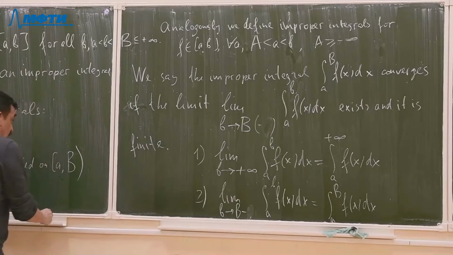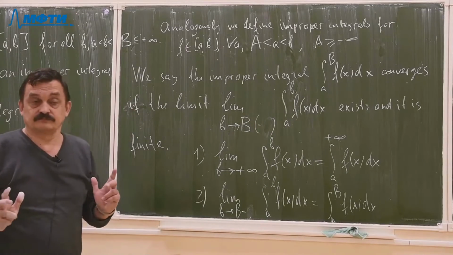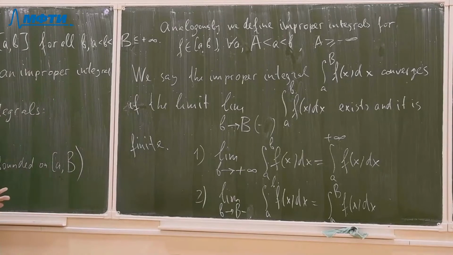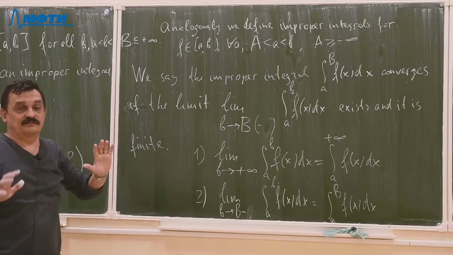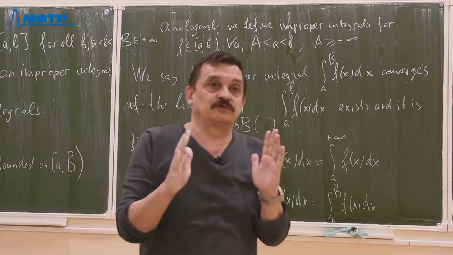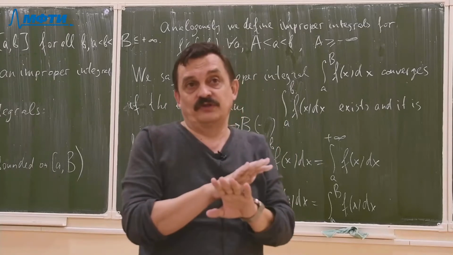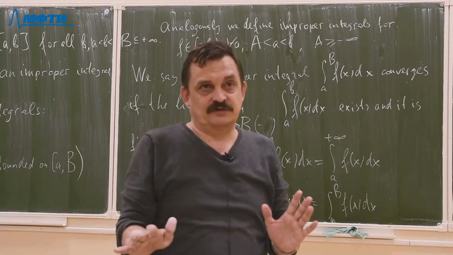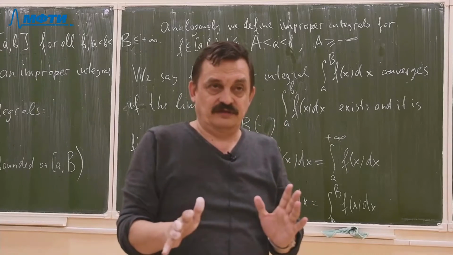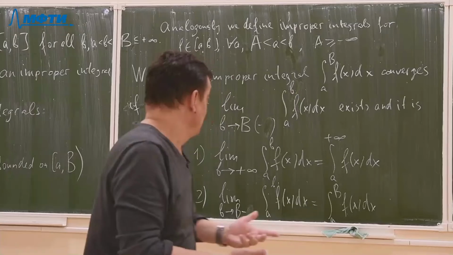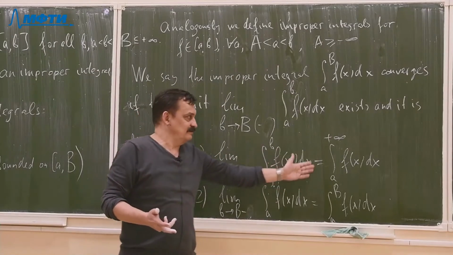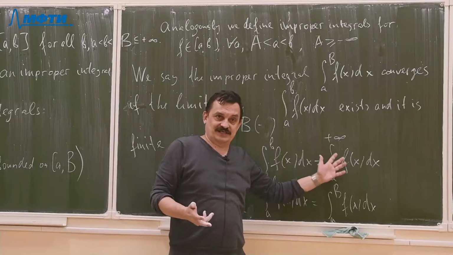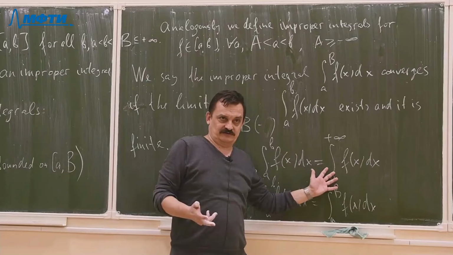So, once again, we can write this symbol once our function is integrable for every closed interval which lies inside. No other suppositions. We write this symbol. Then what is the sense? If there exists such a limit, then this limit is precisely our improper integral, right?